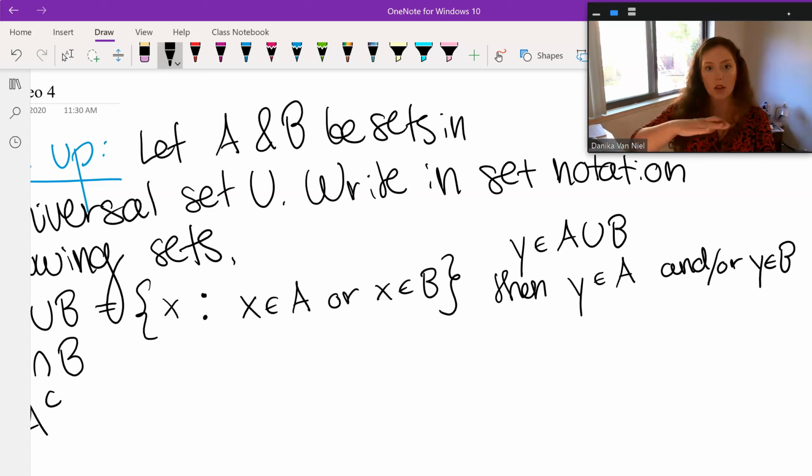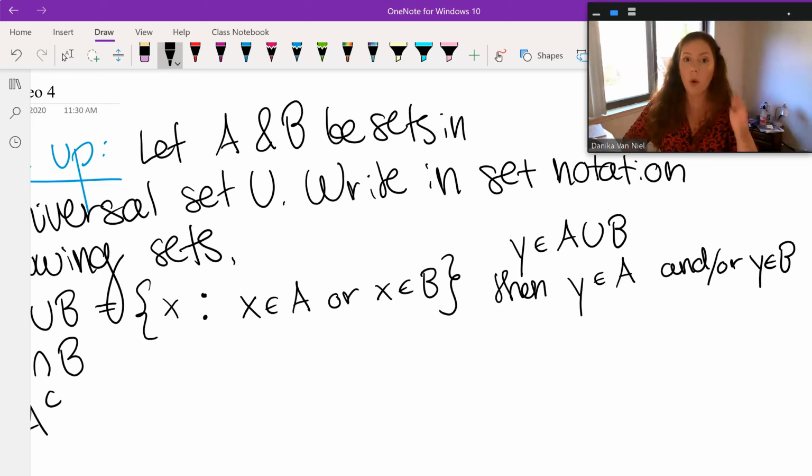You flip a coin that has heads or tails on it, you can't say, oh, I flipped it and it's tails and heads. Flipping a coin is a true dichotomy. You're either heads or tails, you can't be both. So here, this is not a dichotomy, but a lot of people forget that. They think, oh, you're either in A or you're in B, but it is possible that you're in both.